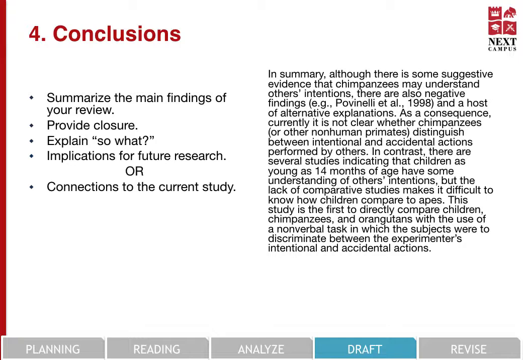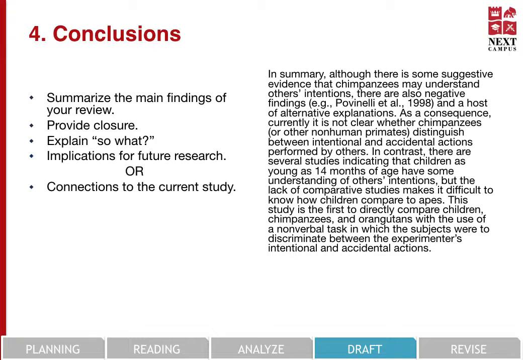A conclusion is all about summarizing or bringing the main idea of the literature review to a close. On the right hand side, you see an example of a conclusion which you can read and find how the research has been brought to a very neat and brief summary.